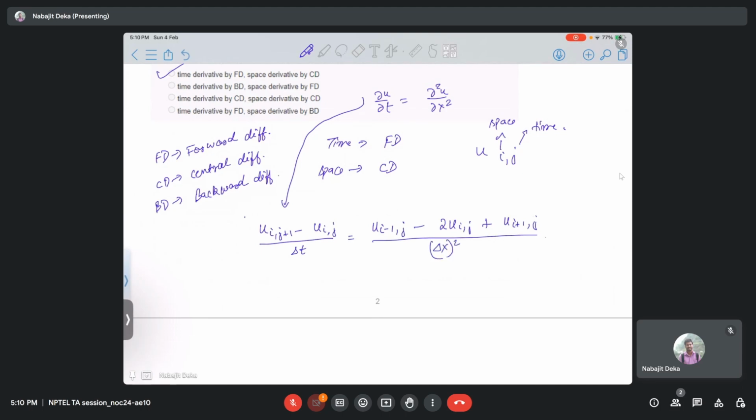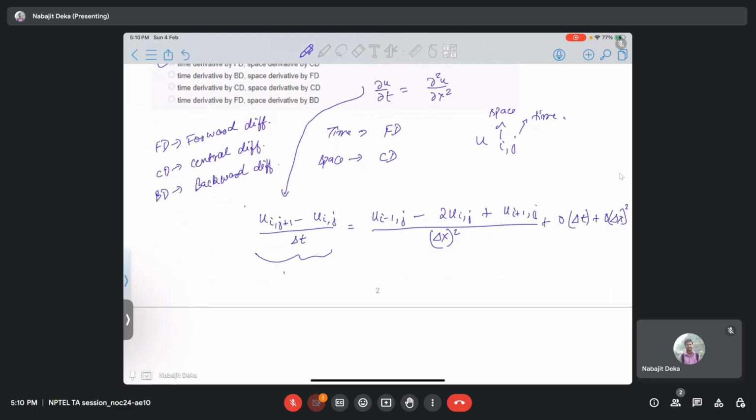So that will be of order delta t plus of order delta x square. So this is forward difference, and this is represented by the central difference.